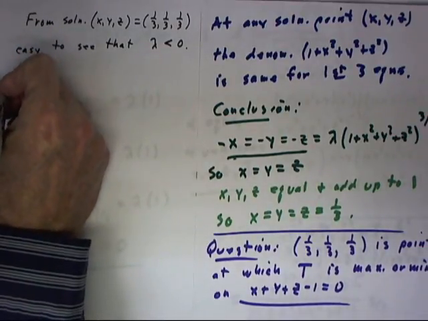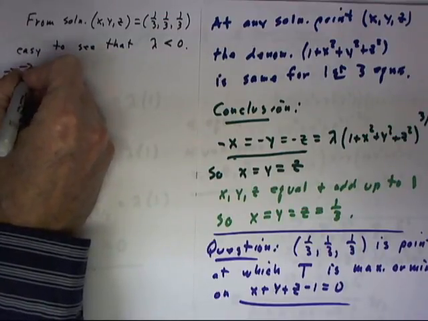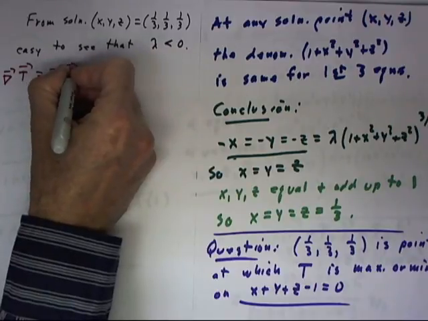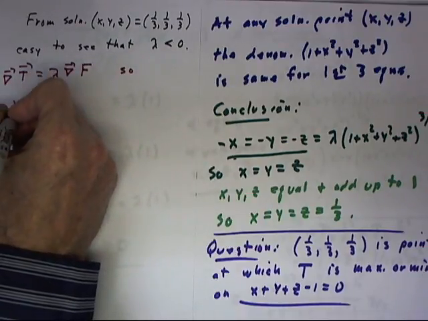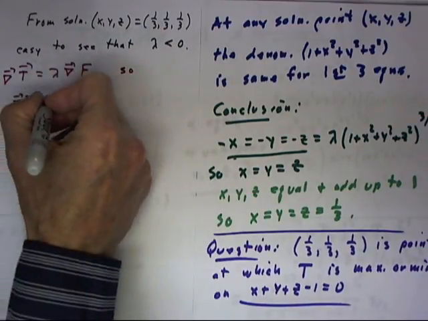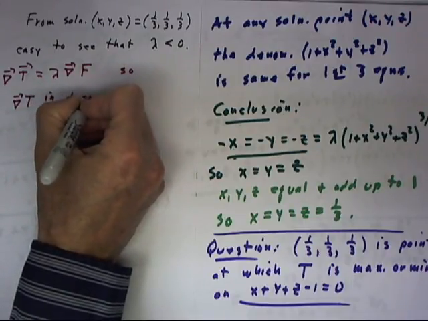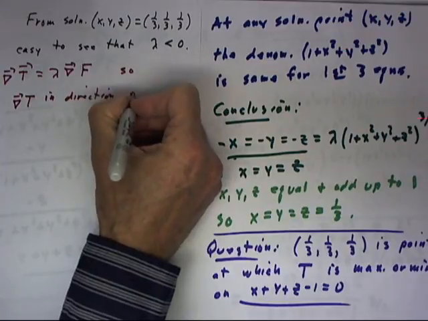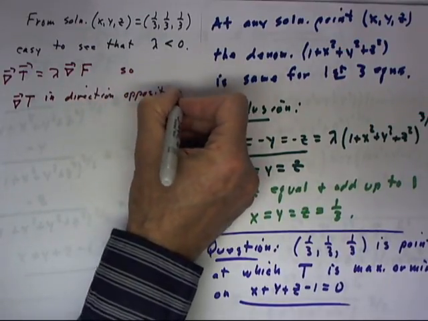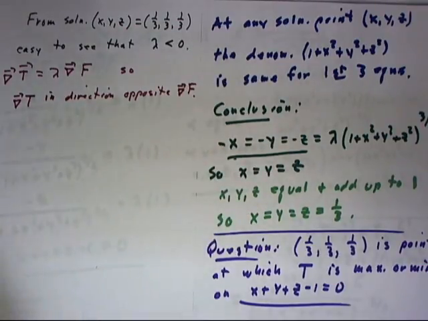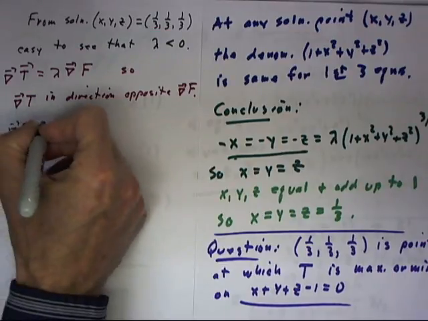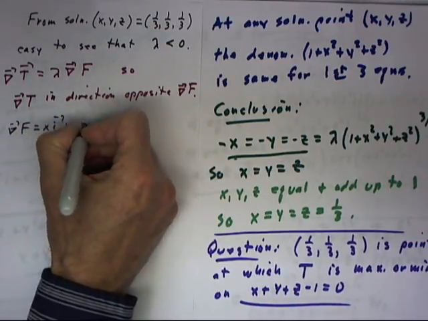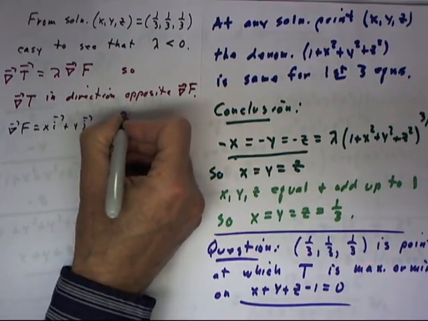Now recall that our condition is that del T equals lambda times del F. So del T is in the direction opposite del F. Now, del F, you recall, is just xi plus yj plus zk.